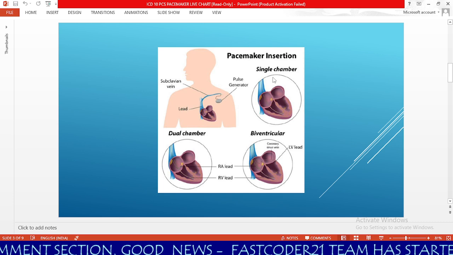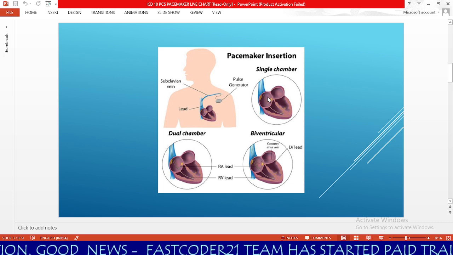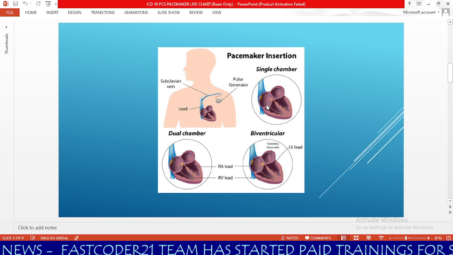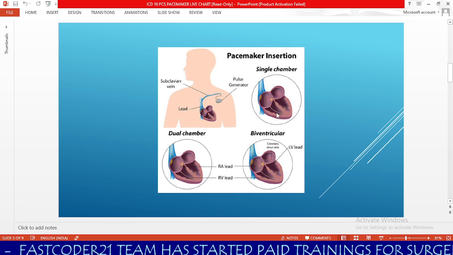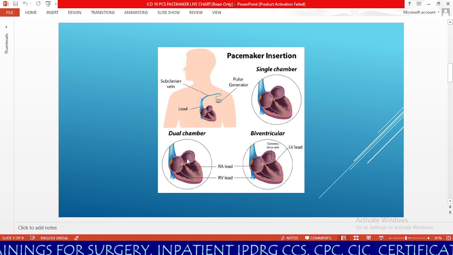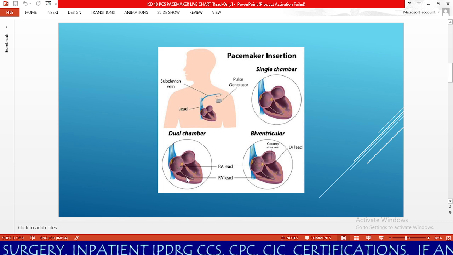In a single chamber pacemaker, the physician will place the lead into the right ventricle based on the patient's condition. Most of the time, this is in the right ventricle, which is here. If we see a dual chamber pacemaker, the physician will place two leads in the right atrium as well as the right ventricle.